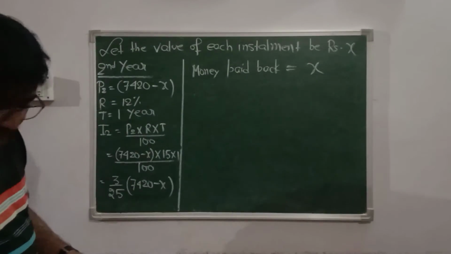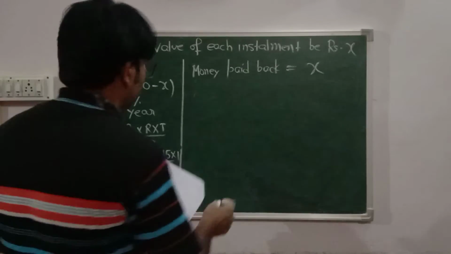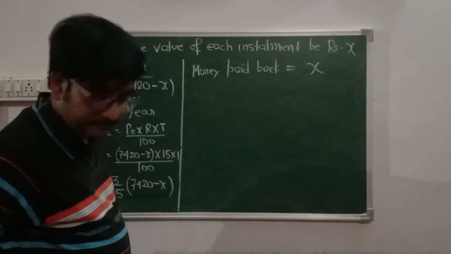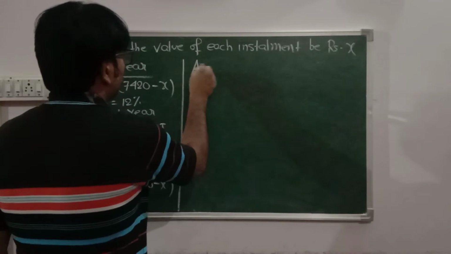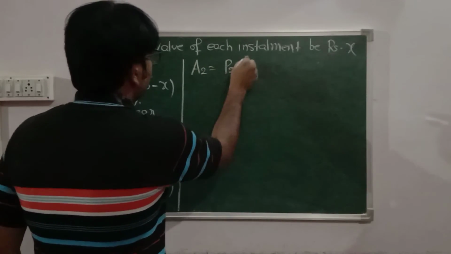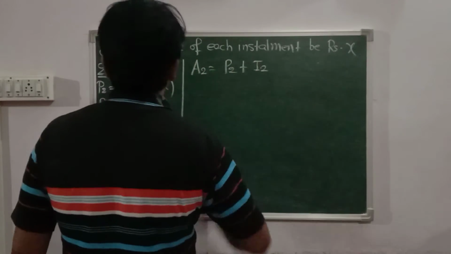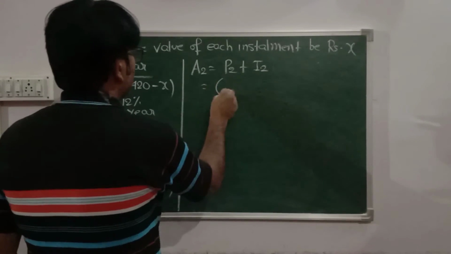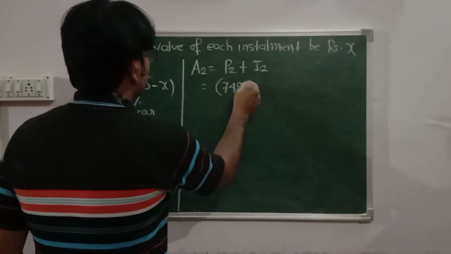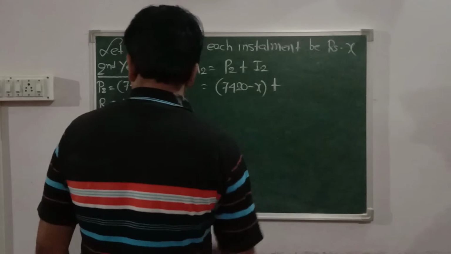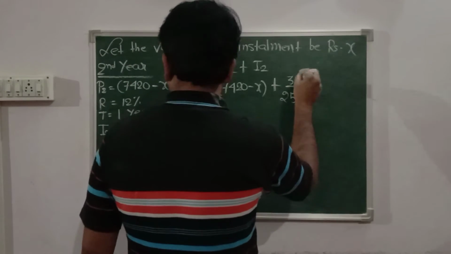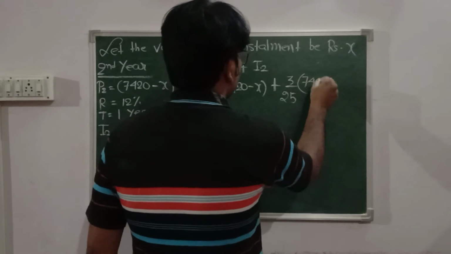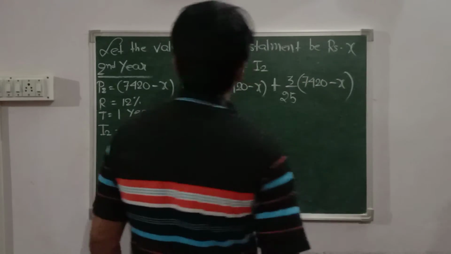Now again we can write it as A2. A2 is P2 plus I2. So what is P2? 7420 minus x. And what is I2? 3 by 25 into 7420 minus x.